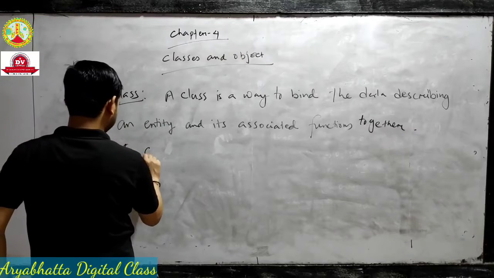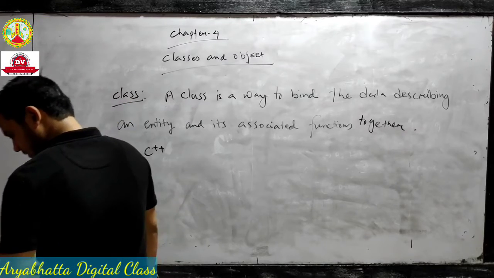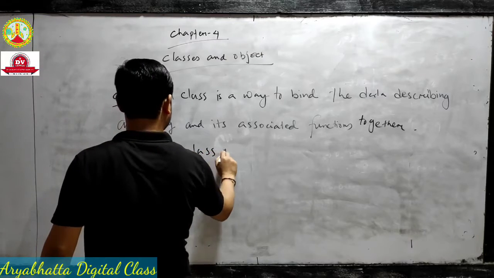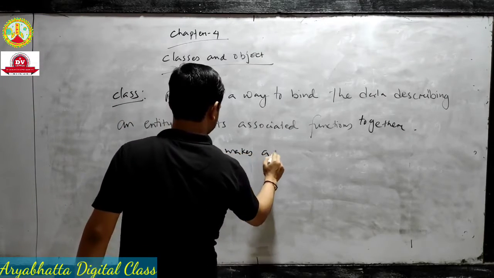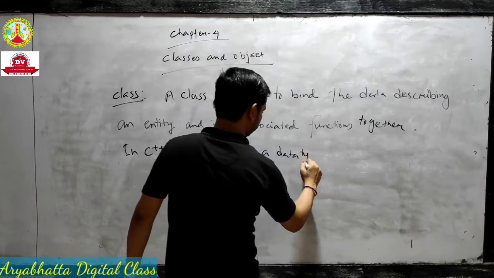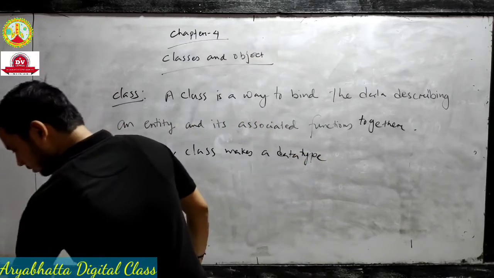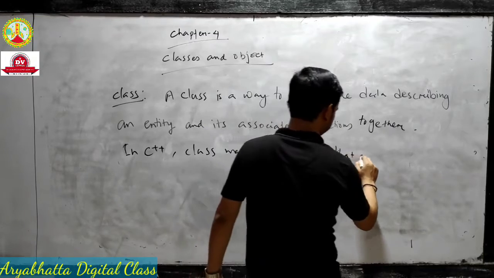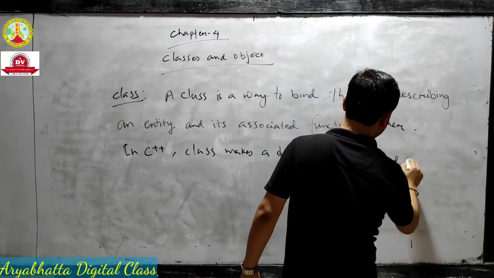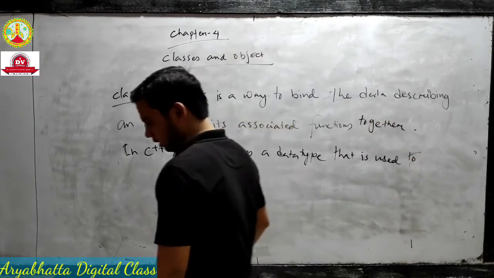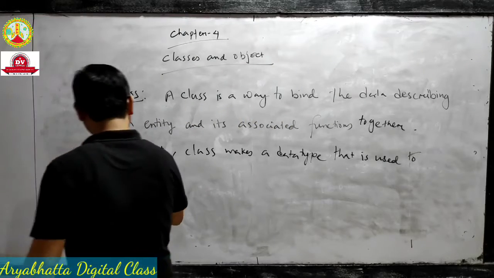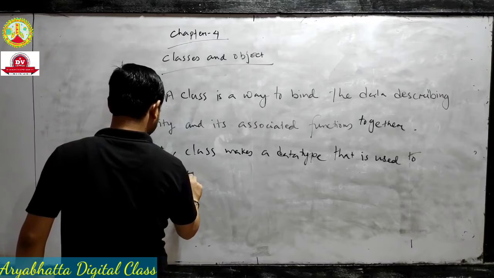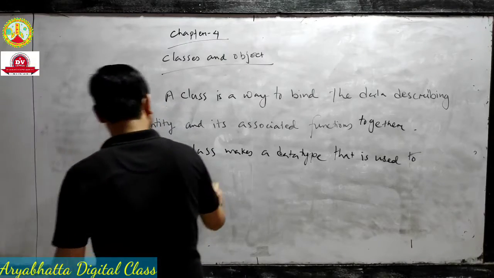In C++, a class makes a data type that is used to create objects of this type.